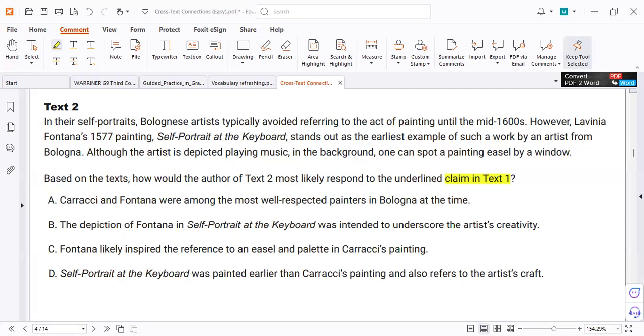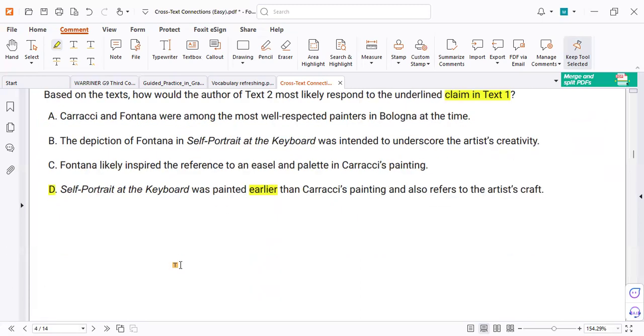The answer is D. So literally it's correct. I said here he painted earlier, but that seems before. You catch it? Yes. So it's about the time of painting. Correct.